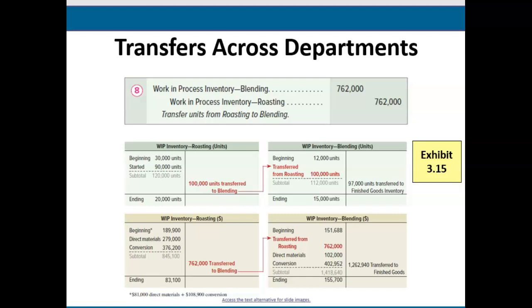Then 100,000 units and costs of $762,000 are transferred to the blending department from the roasting department. The blending department adds direct materials cost of $102,000 and conversion cost of $402,952 during the month.